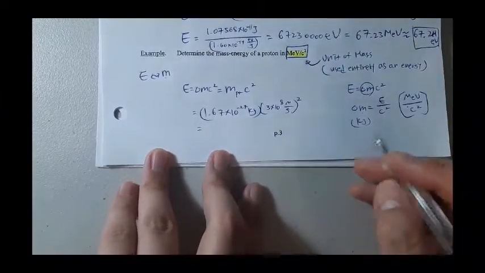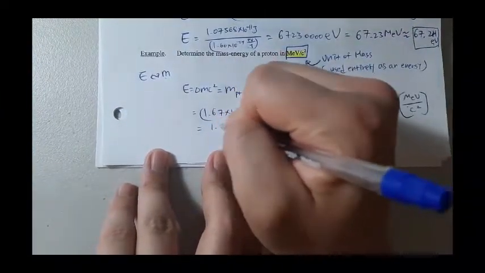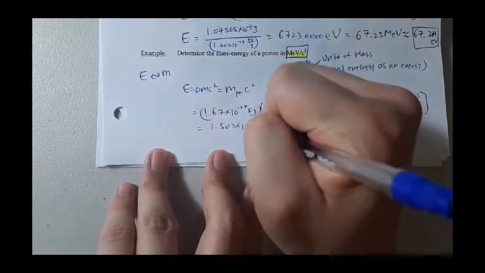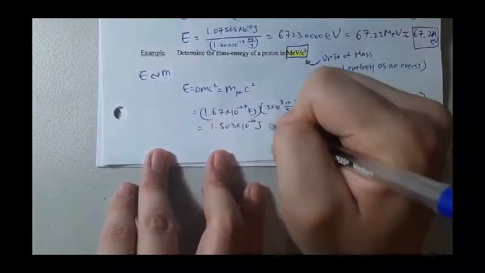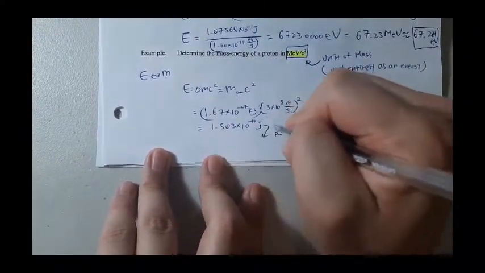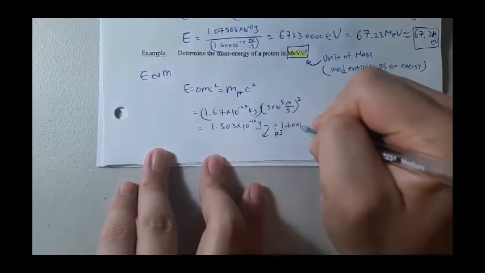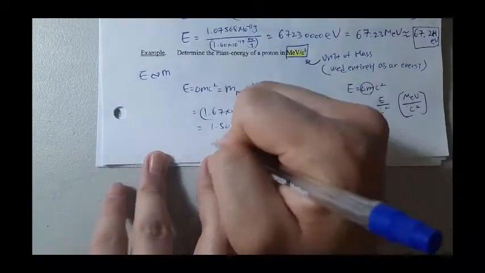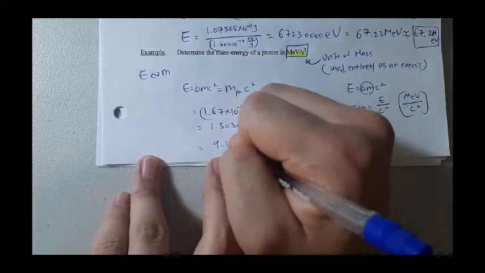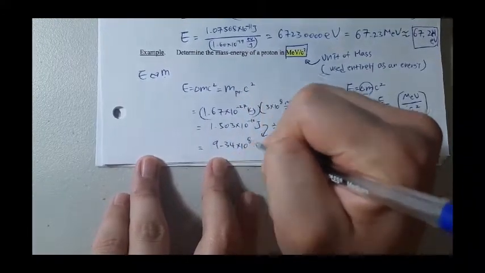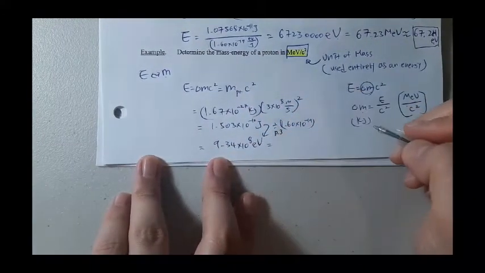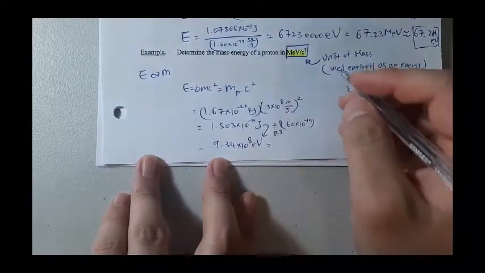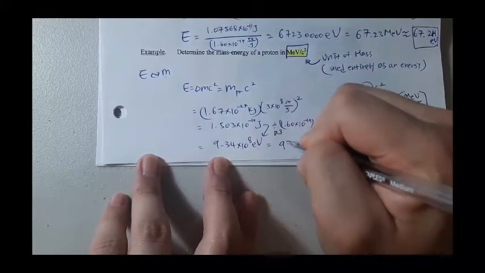Once you punch the number in, the value comes out like 1.503 times 10 to the power negative 10 joule. And we gotta divide it by this number. Then we have that electronvolt, which divided by a million, we have about 939.